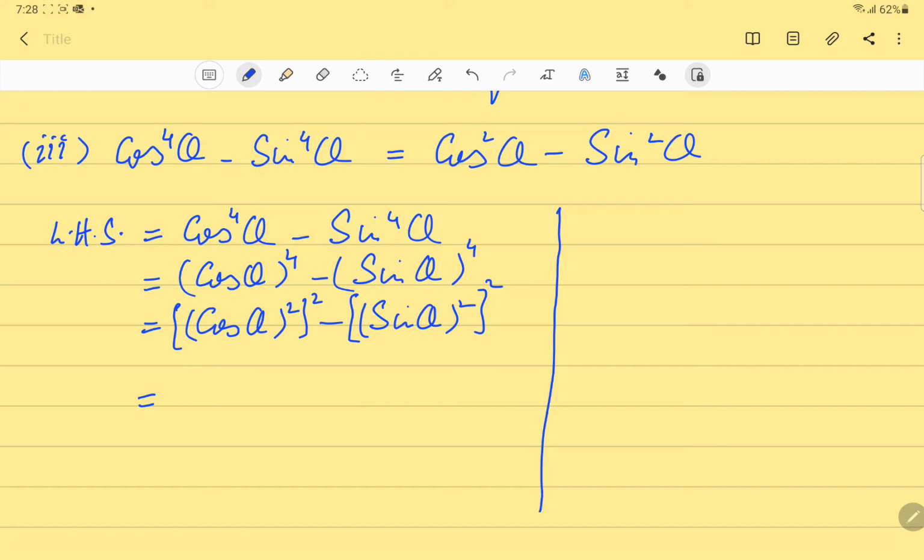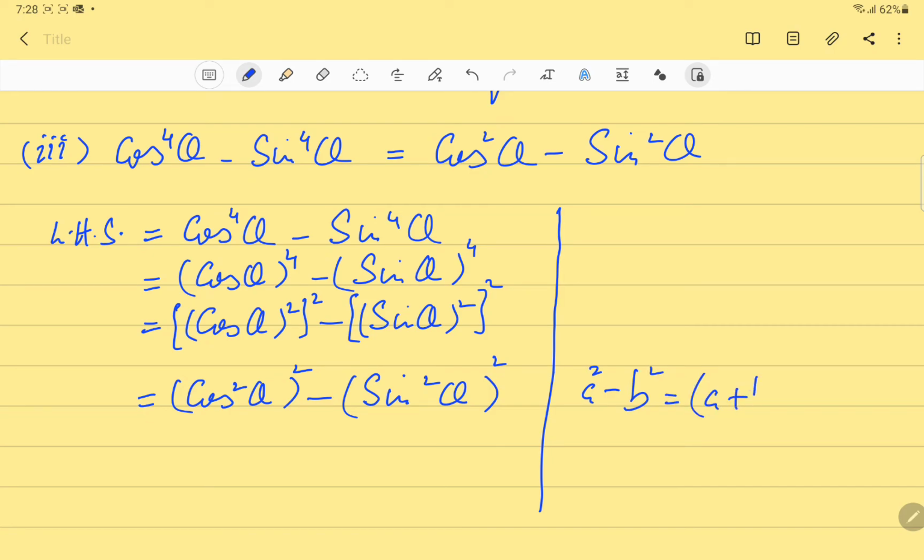Here again we have this situation, or one more step will be there, like we can write cos square theta squared minus sin square theta squared. So this is again like a formula: a squared minus b squared is equal to a plus b into a minus b.